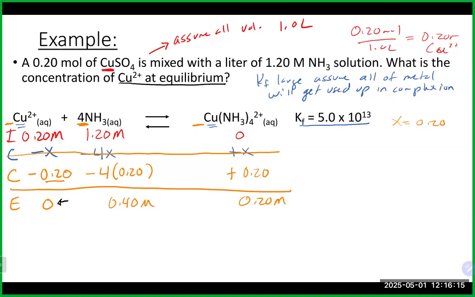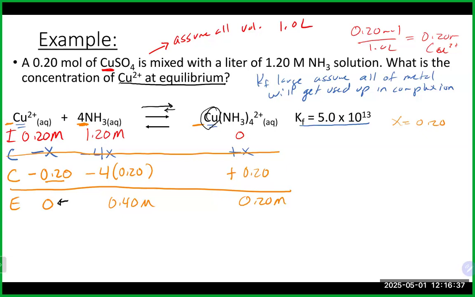So the second assumption that we make is that although almost all of the copper should end up over here in the complex ion, this is still an equilibrium, which means the reaction doesn't always head in one direction. It does come back in the other direction a little bit.